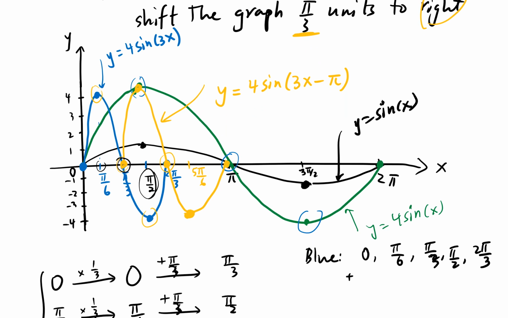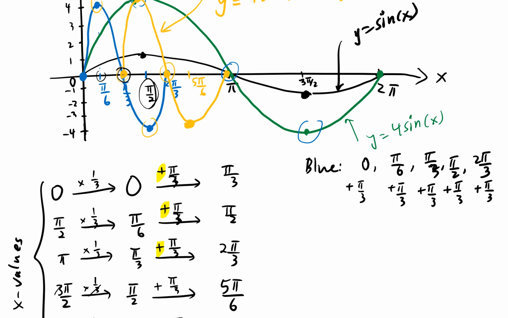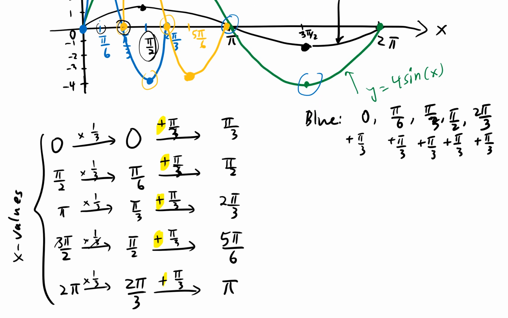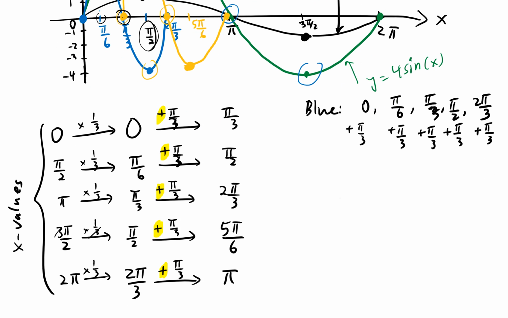So the 0 became pi over 3, that's where the addition was performed. And we got these numbers: pi over 3, pi over 2, 2 pi over 3, 5 pi over 6, and pi. That gives me the orange curve if you plot them.